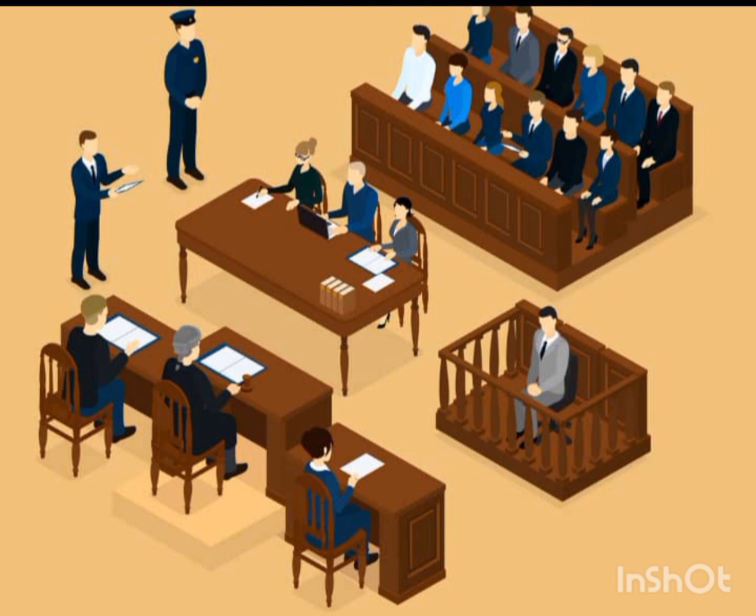Now, in doing that, we said that the prosecution must bring the evidence to the court. Number one, by bringing the witnesses, or state witnesses, who should be able to witness against the accused. And the first witness that they are supposed to bring is the complainant.